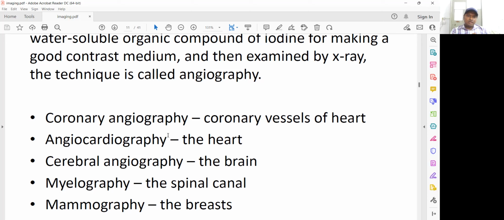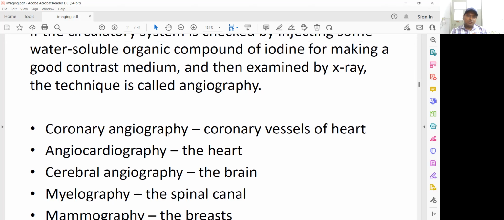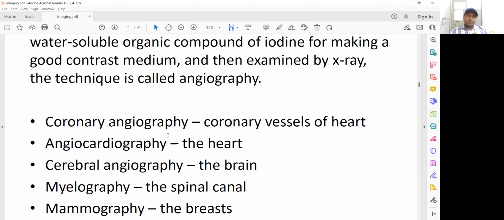And the radiograph we call coronary angiography. Then angiocardiography: inside the heart, we push that particular water soluble organic compound. And in cerebral angiography, inside our brain, we push that particular organic solution to observe by using the X-ray.